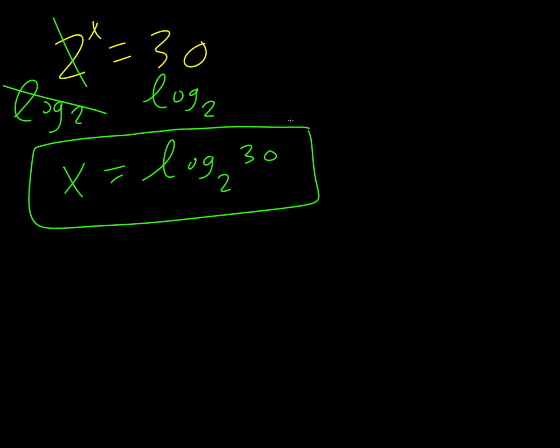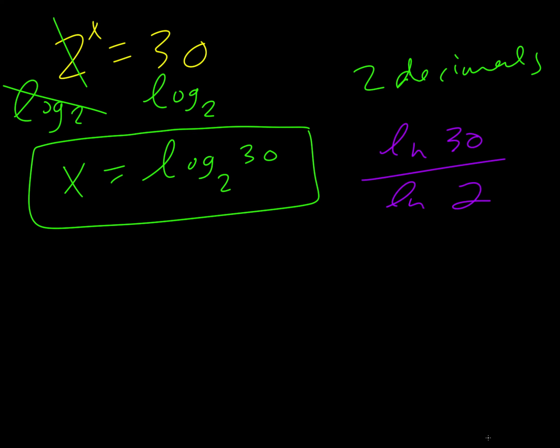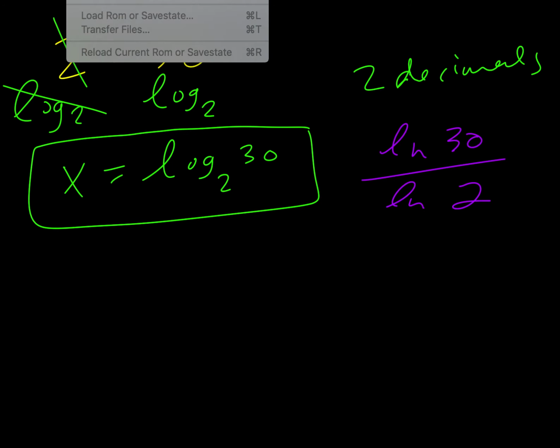Now part B says use your calculator to evaluate the solution correct to 2 decimals. So we want 2 decimal places, and we're going to have to use the change of base formula. So we're going to say natural log of 30 over natural log of 2. Go to our calculator.